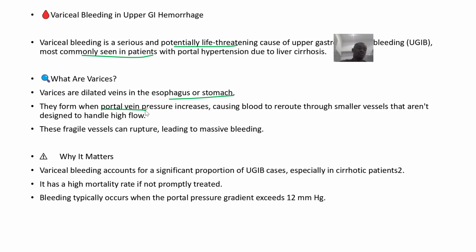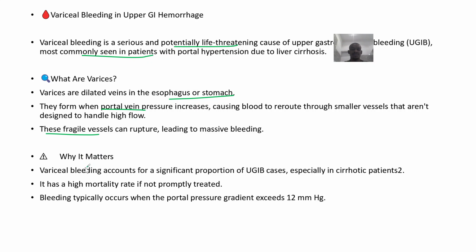So there's a whole lot of pressure on the small vessels, which is not supposed to be there. Those small vessels can't bear the weight that those big veins could bear. So they can rupture, leading to massive bleeding.